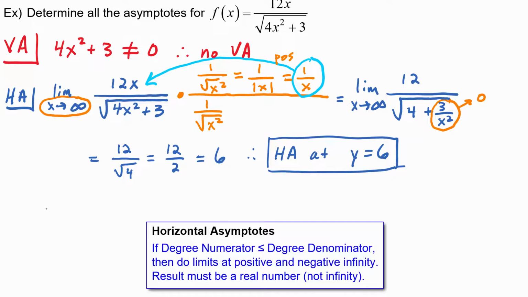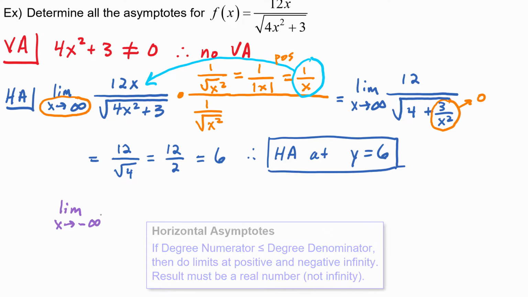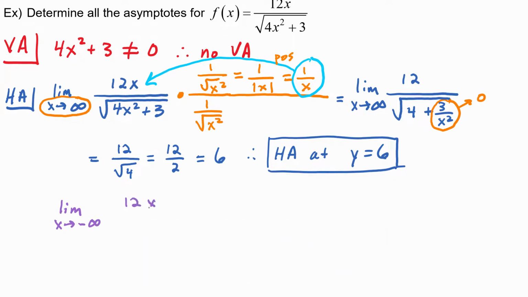Now we have to look at the limit as x approaches negative infinity of 12x over the square root of 4x squared plus 3. Once again, we will need to multiply by 1, and we will use 1 over square root of x squared over itself.